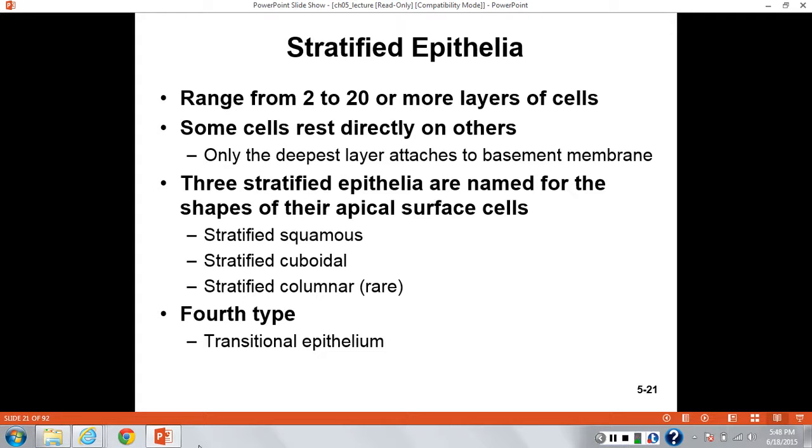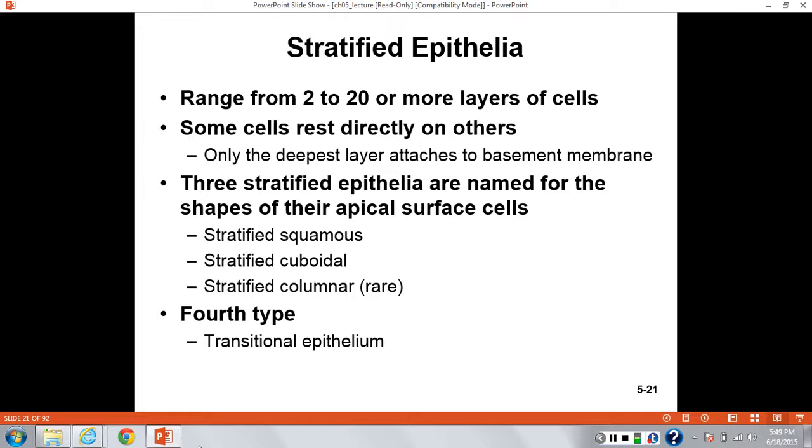Why do you think you found them in the bladder? What's the purpose of the bladder? It stores urine for you to urinate. What stimulates you to go urinate? Well, stretching.